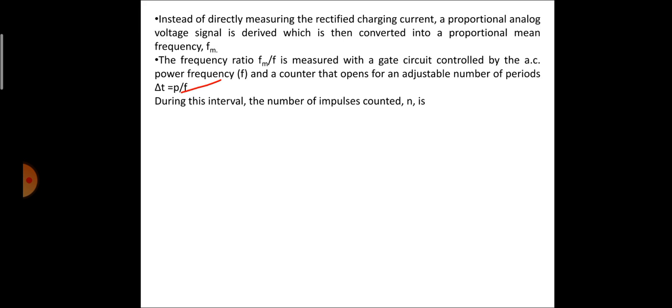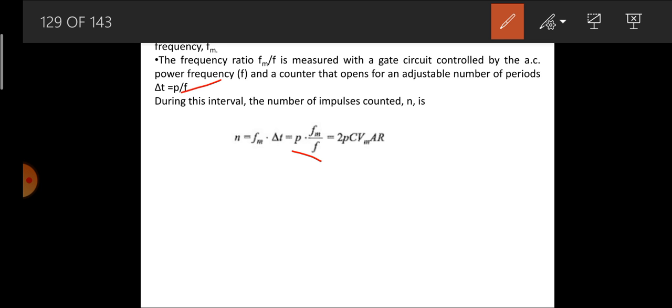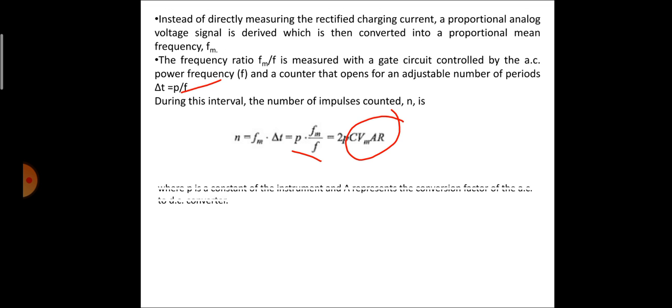During this interval, the number of impulses counted, N, is equal to Fm into delta T, where delta T is P divided by F. So N equals P into Fm by F, which is equal to 2P C Vm A into R, where P is a constant of the instrument and A represents the conversion factor of the AC to DC converter.